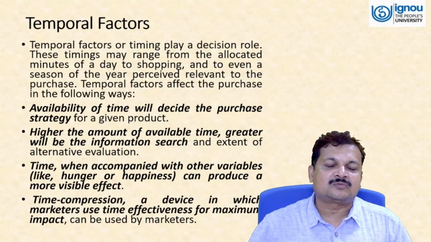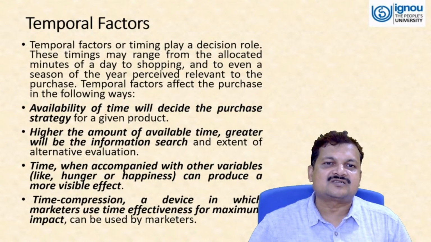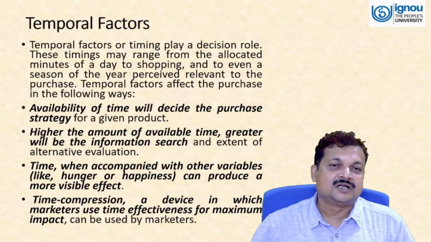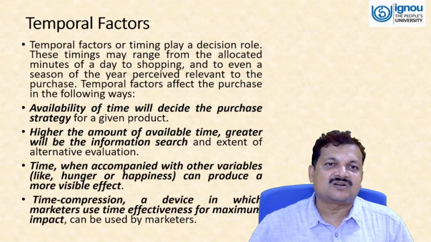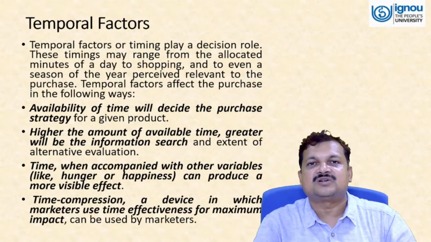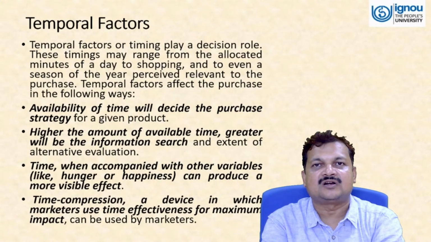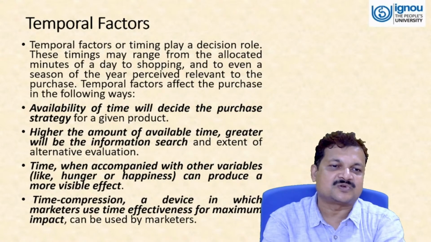For a Tata salt we may not take more than 5 minutes, and we may also select Annapurna salt or other brands. But for an LG washing machine versus another washing machine, it will take at least 1 to 2 months to decide, so you do a lot of research on any specific brand.